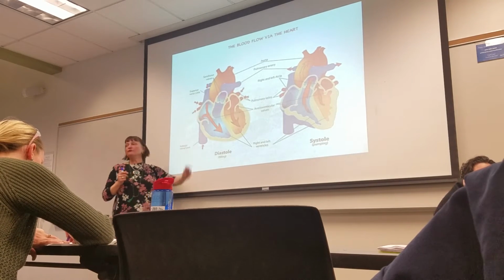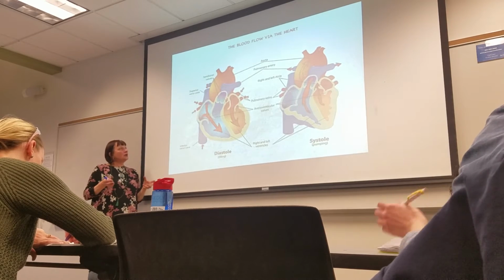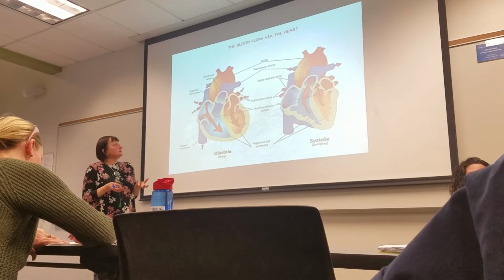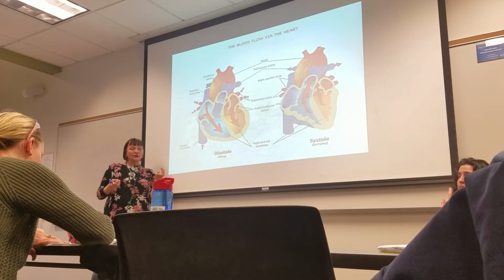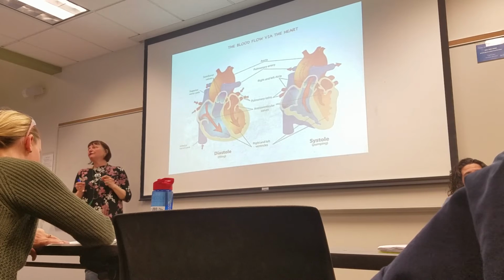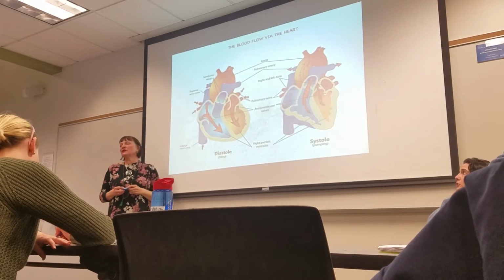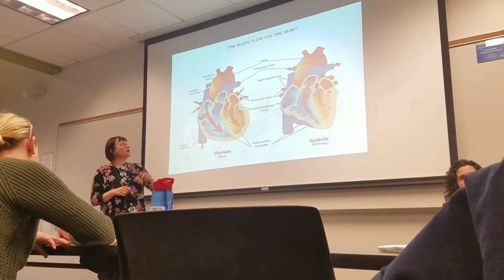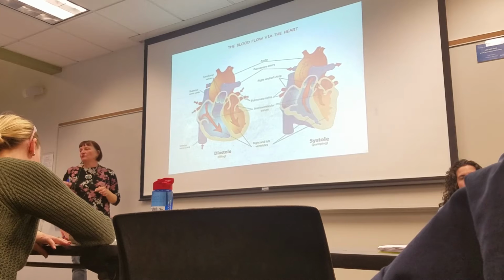But there are no valves here, because there is no huge pressure difference between these veins and the right atrium, and because of the very, very small volume of the atrium.